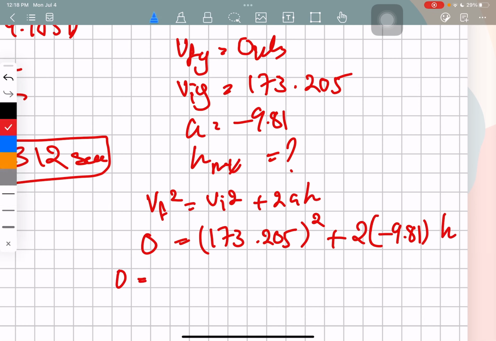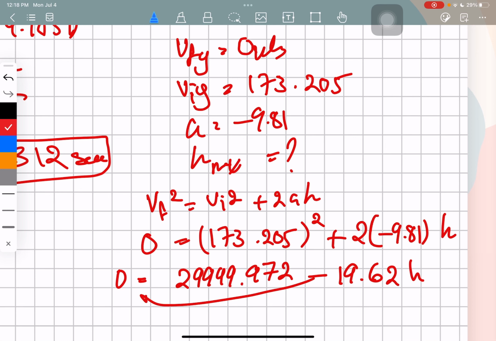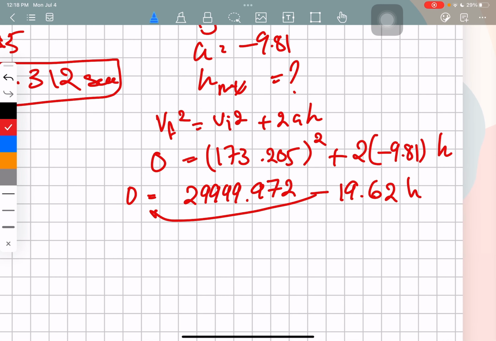So 0 is equal to 173.205 squared, which is 29999.972, minus 19.62h. We can move this over to the other side and divide, so h is going to equal 29999.972 divided by 19.62.